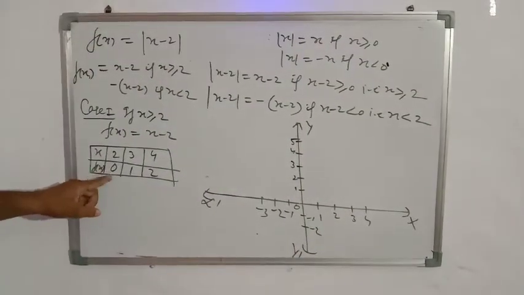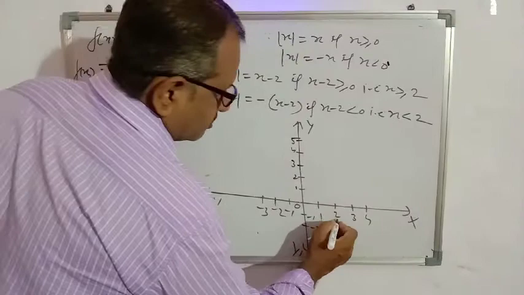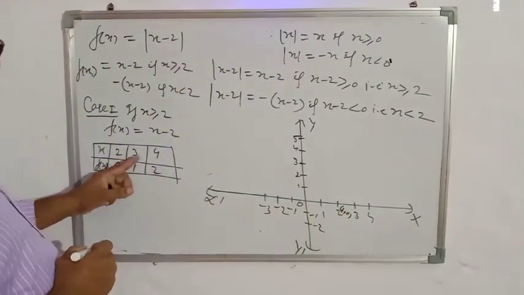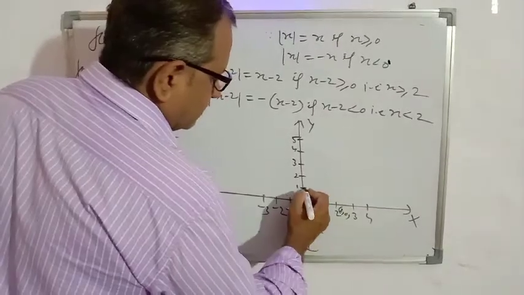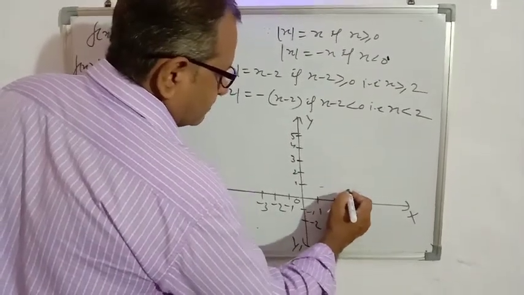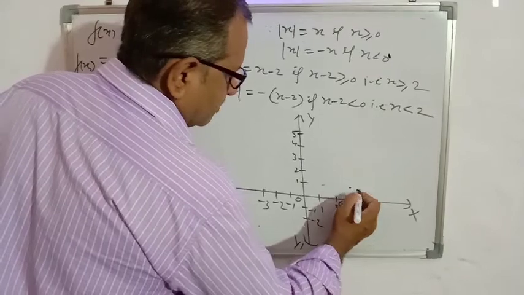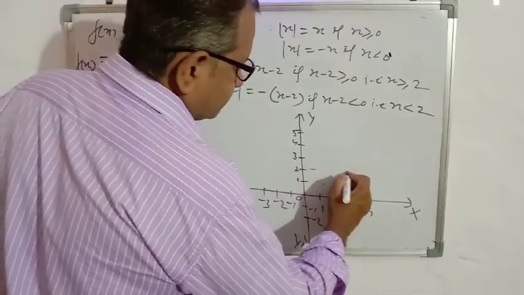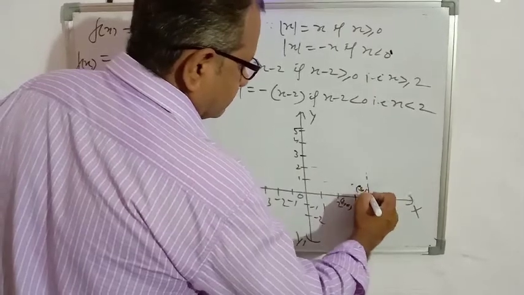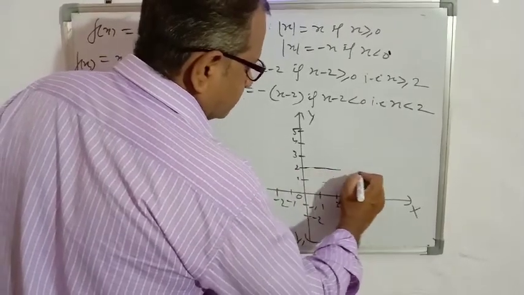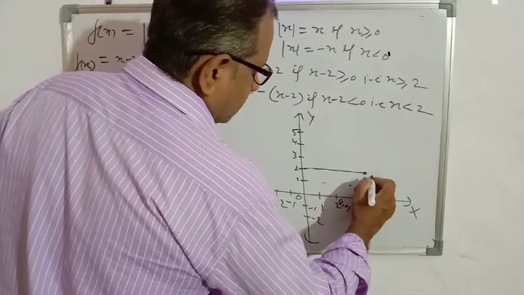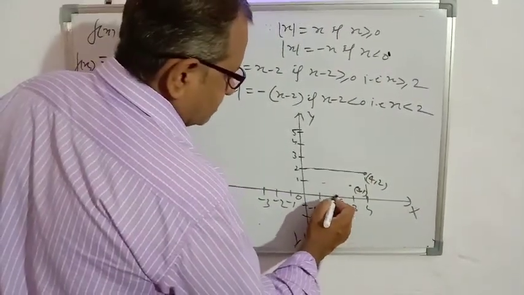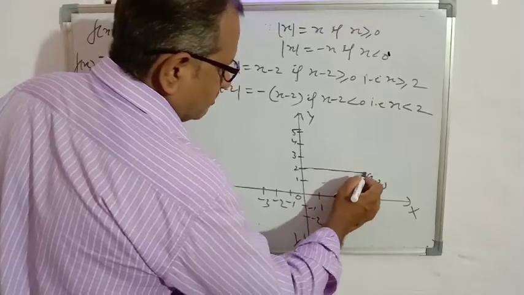See here x = 2, y = 0 means the point (2, 0), this one. x = 3, y = 1, the point (3, 1). x = 4, y = 2. Join this point and this point.